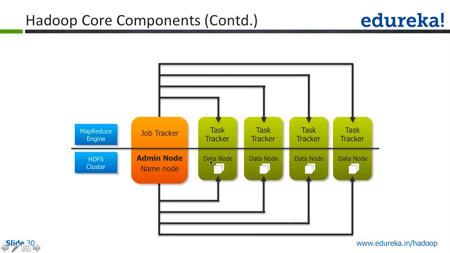On HDFS, there's something called a name node and a data node. HDFS will have a name node which will be the master node, and then there will be data nodes which will be slave nodes. Job tracker is the master daemon which runs and distributes the tasks to the task trackers, which are the programs running on the data nodes.